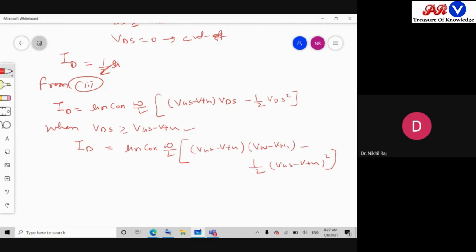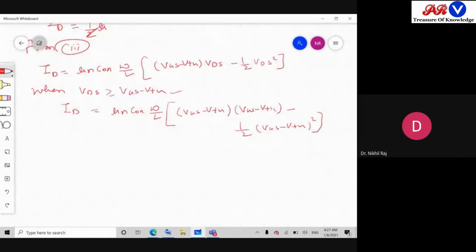We can rewrite like this. From here, this becomes the square form and minus half. So effective ID will be half mu n Cox W by L, VGS minus VTH whole square. This is equation 4.